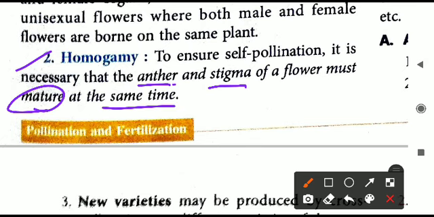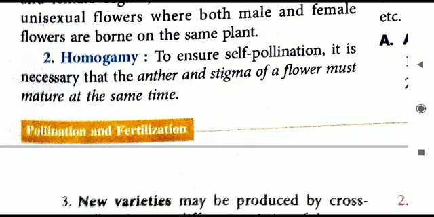Yes, this is important. Sometimes the bisexual flower has both the male and the female reproductive organ, but both are not matured at the same time, both are not active for the reproduction process at the same time, then self pollination may not take place. But in homogamy, both anther as well as the stigma mature at the same time.